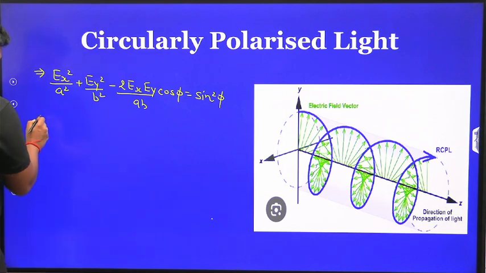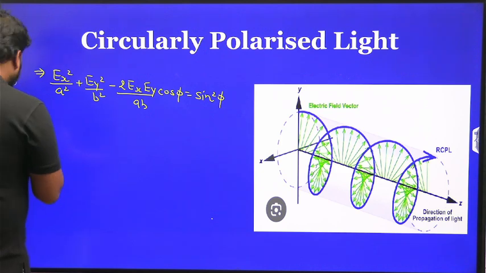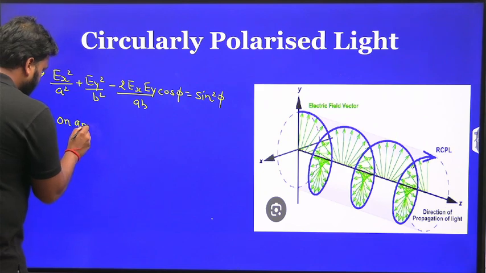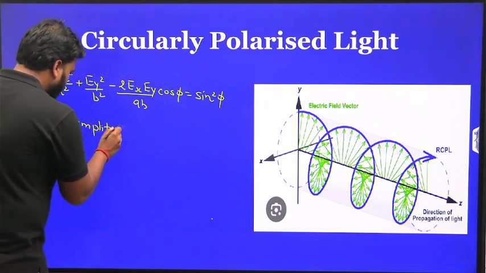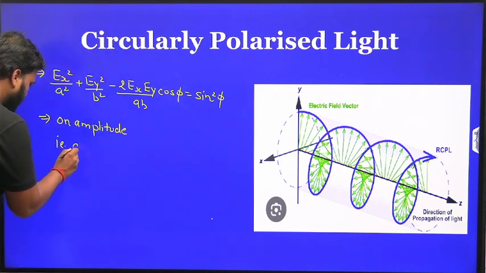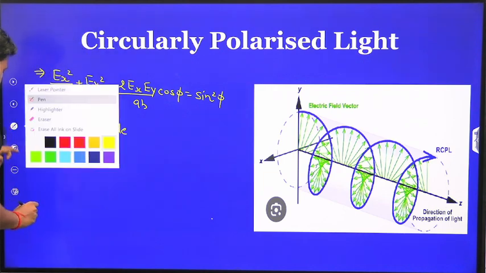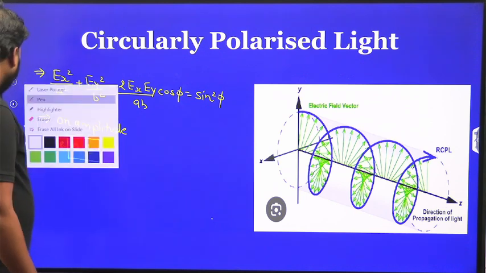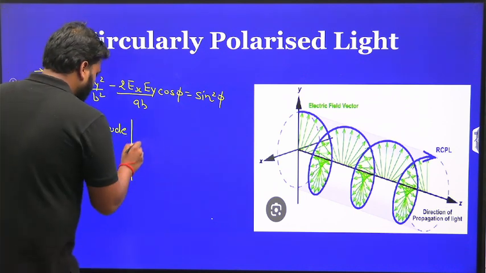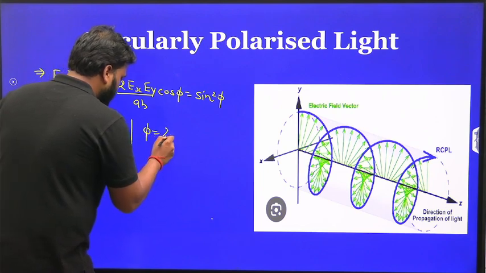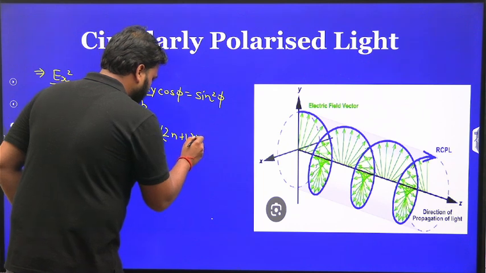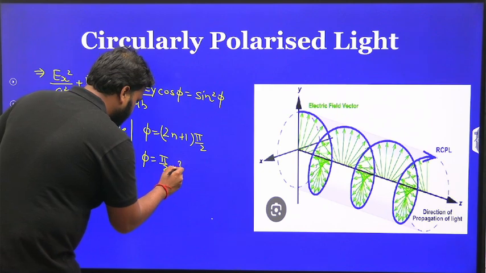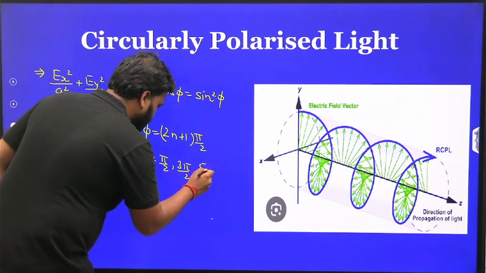Let's discuss this. If we impose a condition first on the amplitude, we take the amplitudes equal, that is A is equal to B. And the condition on the phase difference phi is that phi is an odd integral multiple of pi by 2, that is phi equals pi by 2, 3 pi by 2, 5 pi by 2, and so on.